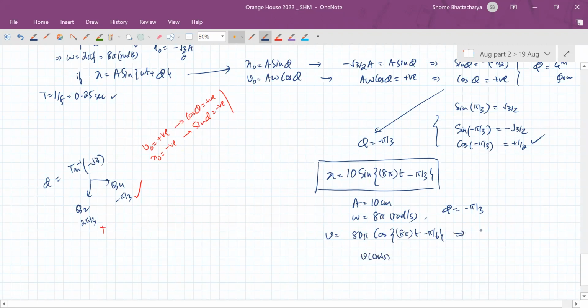So from this you can see that the initial velocity is 80 pi cos of minus pi by 3. Now cos is positive in fourth quadrant, so it's the same thing as cos pi by 3, which is plus half. So plus 40 pi centimeters per second, that is the initial velocity.